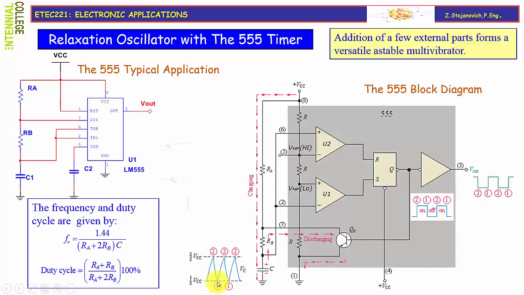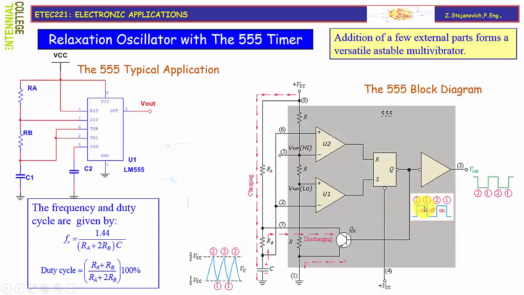Discharging will last until the voltage drops slightly below 1/3 of VCC. What is happening then is that U1 will set the output high and set the flip-flop, which will again switch off the transistor, and the new charging cycle will start.